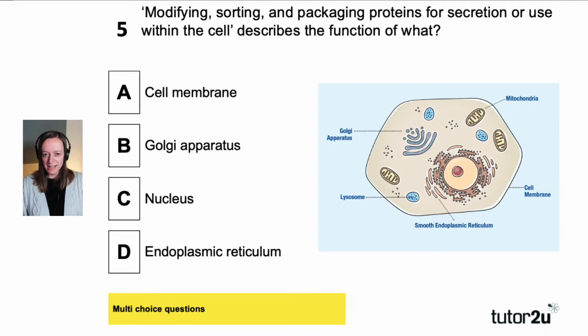A similar question here. Modifying, sorting and packaging proteins for secretion or use within the cell describes the function of what? Is it A, cell membrane, B, Golgi apparatus, C, nucleus, or D, endoplasmic reticulum? So what modifies, sorts and packages proteins?